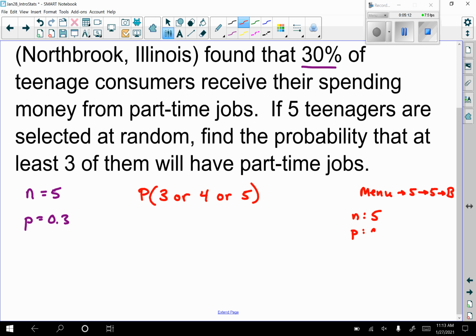Probability of success, that's going to be the 0.3. Now you have a lower bound. That's going to be 3 in this case. You might see a 0 on the calculator by default. And then the upper bound, we're going to go to 5. And we'll go ahead and calculate that.